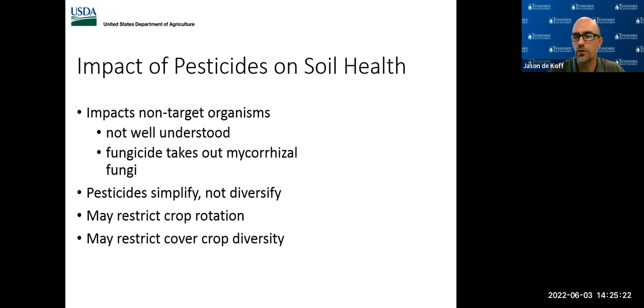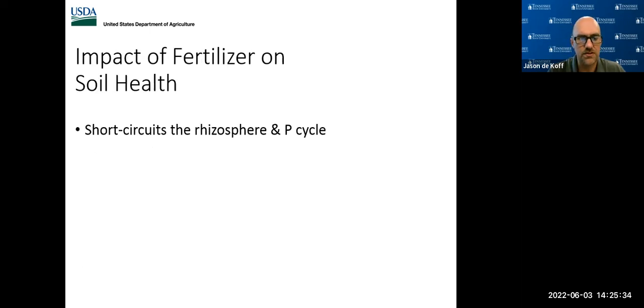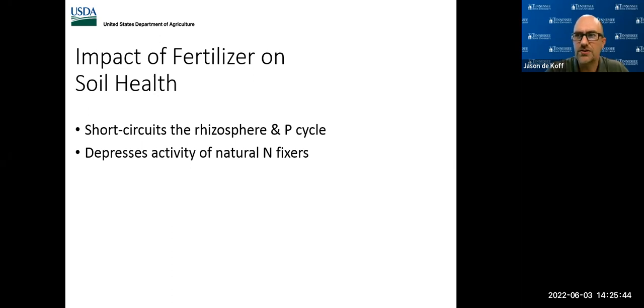And then, of course, also with cover crop diversity, if you're growing a cover crop, then you're going to have to be careful which ones you grow and which types and those kinds of things. When it comes to fertilizer, if we over apply fertilizer, we can actually short circuit some of the natural symbiotic relationships that exist between bacteria and fungi and their plant hosts.